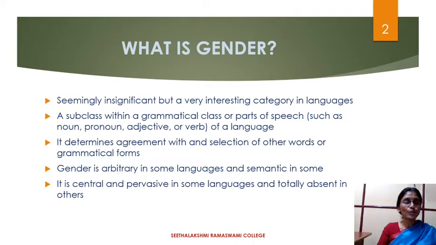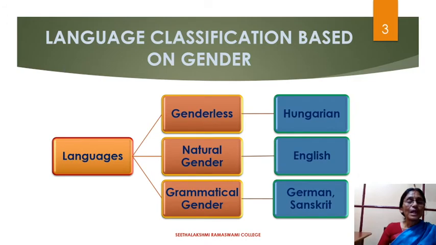Similarly, in some other languages, the concept of gender is central and pervasive in the sense that the role played by it is very significant, and it is totally absent in others. Based on this, languages are classified into three as genderless, natural gendered, and grammatical gendered languages.